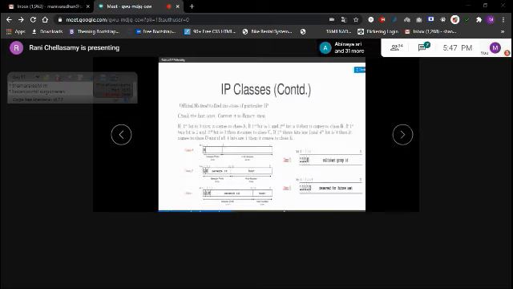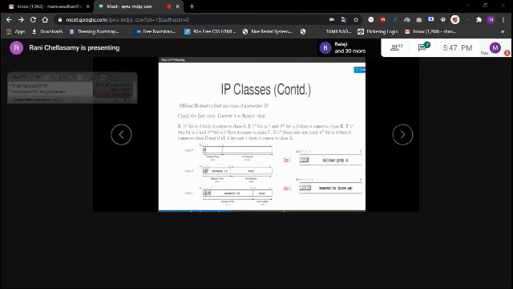Here you can see the first octet. Already we have seen an IP address is made of 4 octets. The first octet is converted into binary.